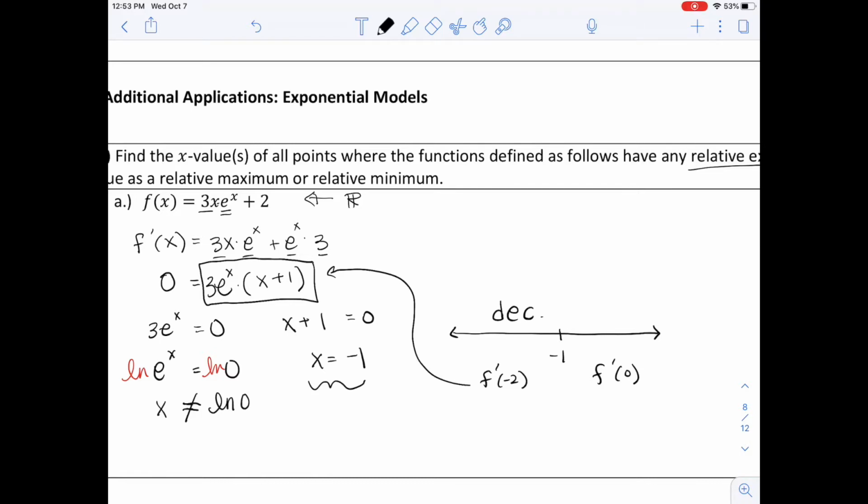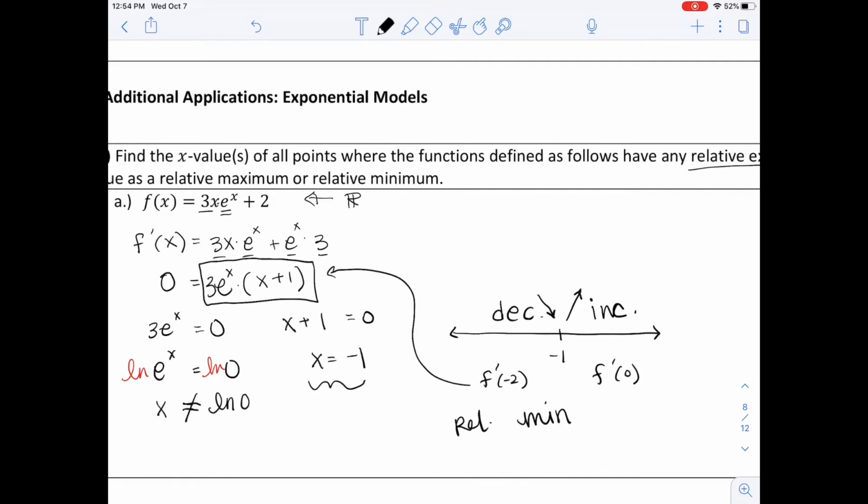Next, if we substitute in 0 into 3e to the x times x plus 1, which is our derivative, we have a positive answer, which means that it is increasing on that interval. So this changes from decreasing to increasing at -1. That means we can classify this x value as a relative minimum. So we have a relative min.